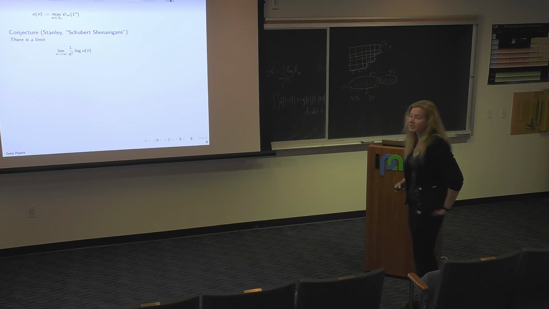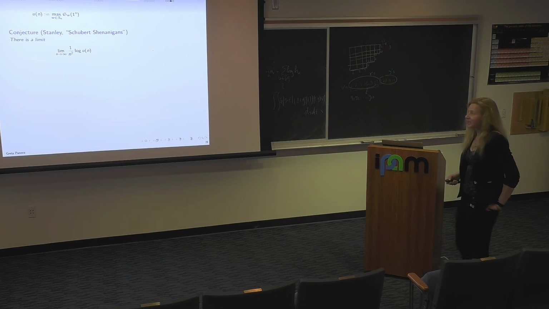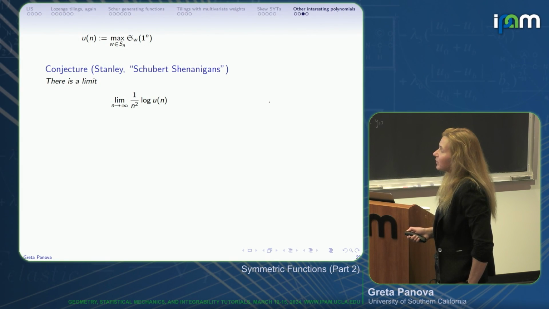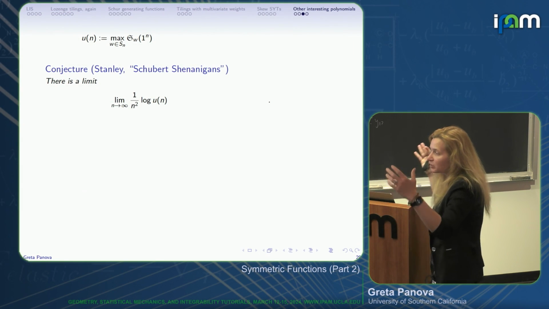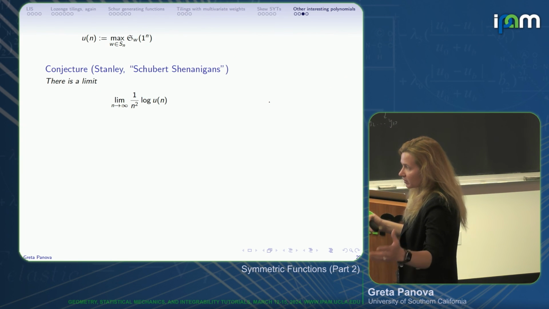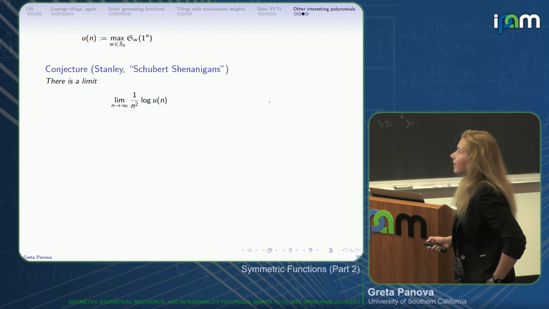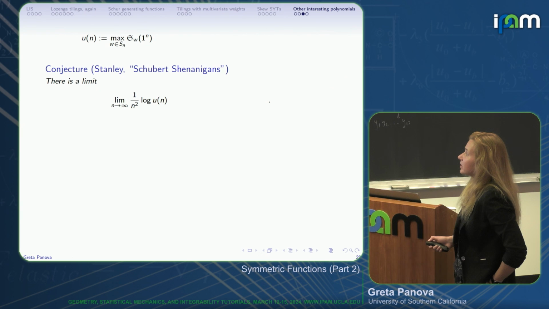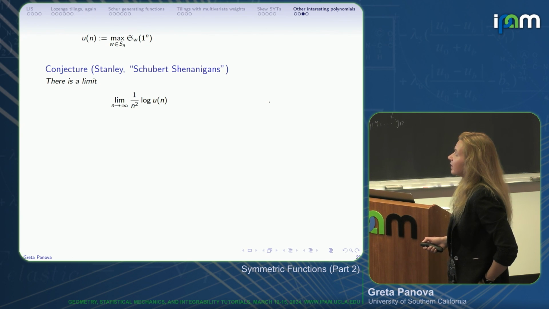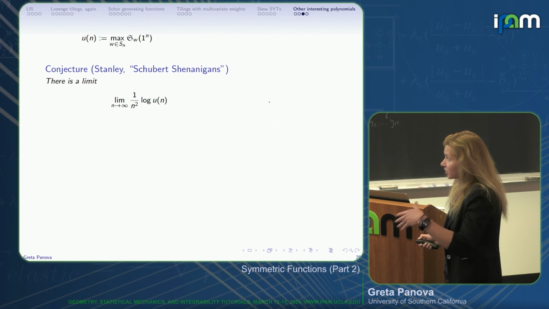So how large does this thing get? If we take our Schubert polynomial, look at all permutations w, and evaluate it at all ones, in other words, we are counting all these pipe dreams in the picture. What's the maximal one? How large does it get? And it grows with the exponential of n factorial n squared.